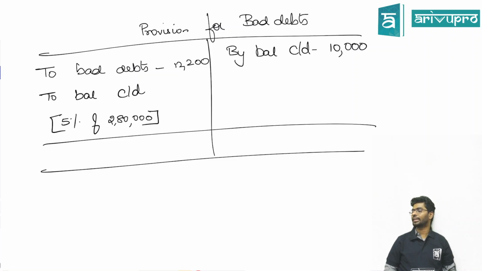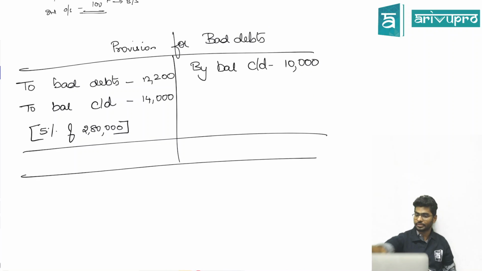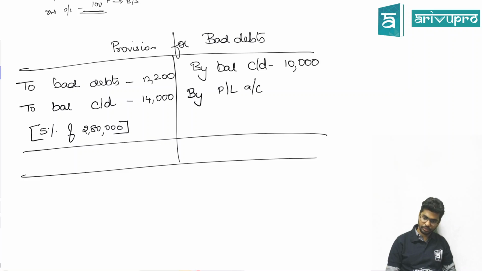5% of 2,80,000. That comes to how much? So what's your closing balance? By profit and loss account 26,400, sorry, 600. 200.